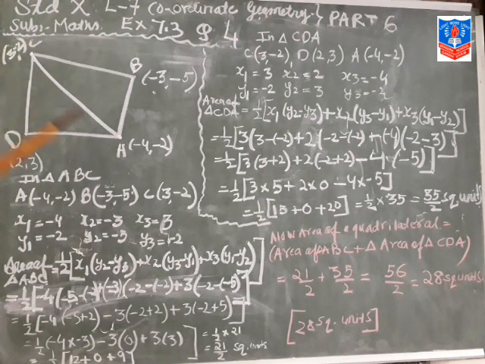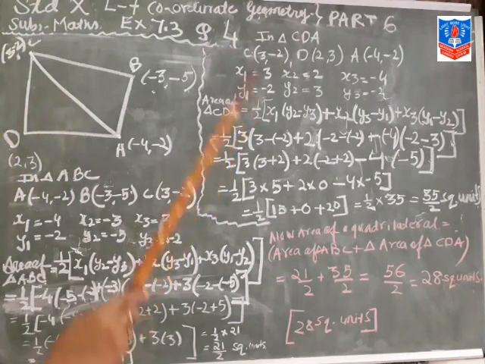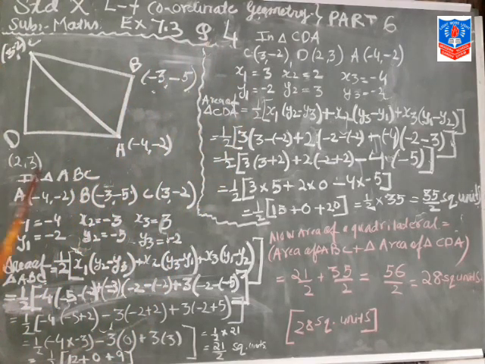Now we will join this one diagonal AC, which divides the quadrilateral into two parts. So we will calculate the area of triangle ABC and then area of triangle CDA. Clear? So now first in triangle ABC, first we will write this one, ABC, fix, then A is minus 4, minus 2, B minus 3, minus 5, C 3 and minus 2, clear?